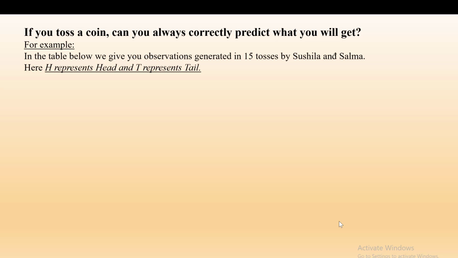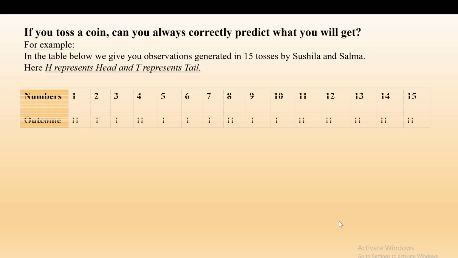First, they may get head or tail. Let's see. First outcome head, second tail, third tail, fourth head, fifth tail. So like that we cannot predict.